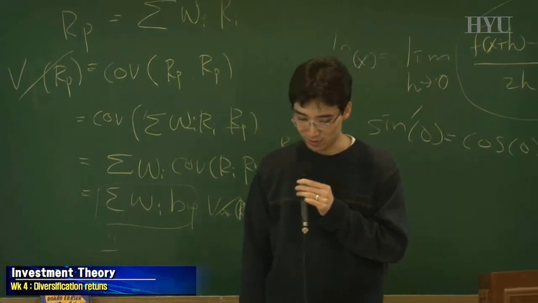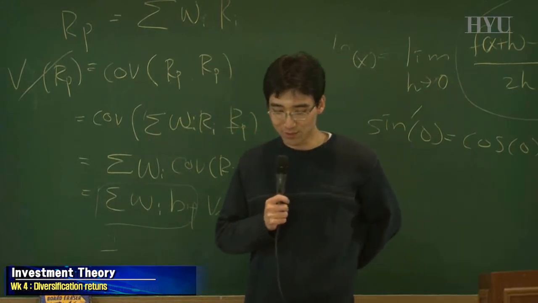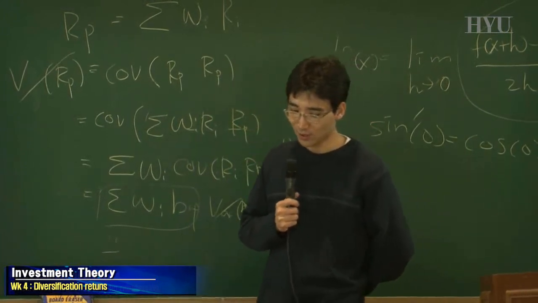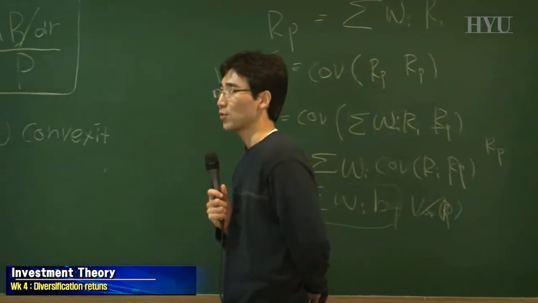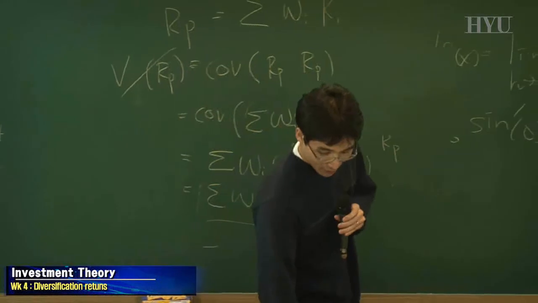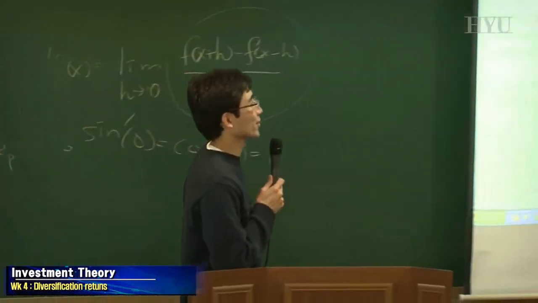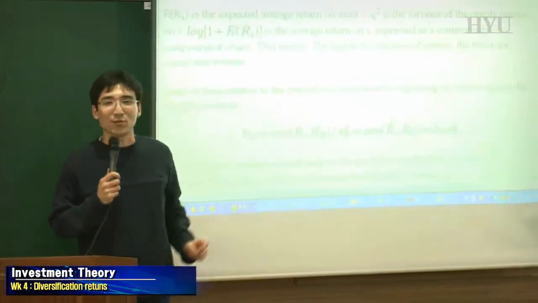Now based on this concept, let's estimate the contribution of asset i to the compound return on portfolio P. Go back to this definition. If we can decrease variance, we can boost up this part, right?